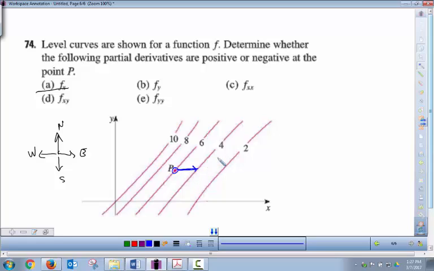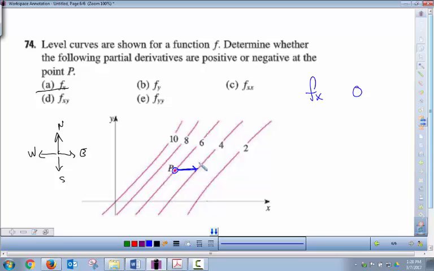All right, so here we're going to move this way. What can you say about the sign of this? If our map tells us to go east and we're standing on point P, which is about level 6, if we start taking steps east, are we going to go up or down?